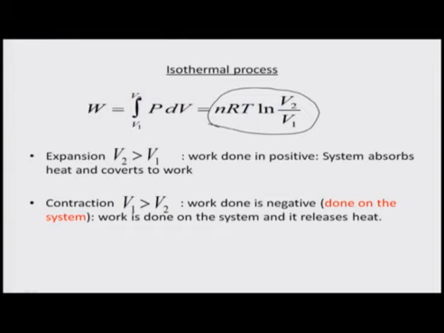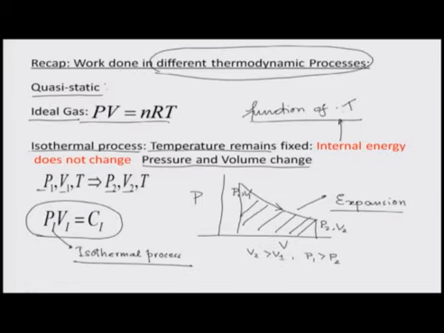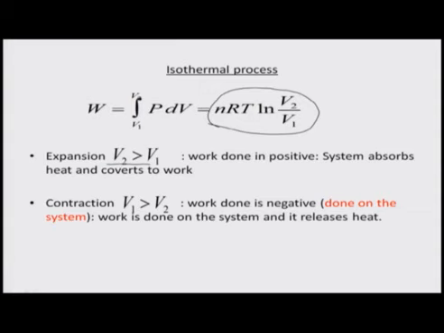This is the final expression for work done in an isothermal process. If I consider expansion, that means V2 is greater than V1, which is the picture I have shown here, you can immediately see work done is positive, which is this one. Okay?